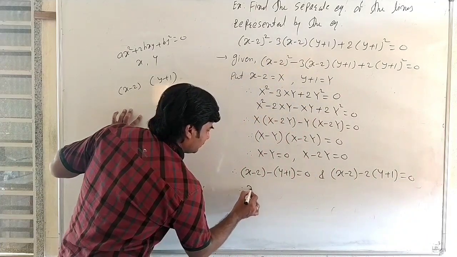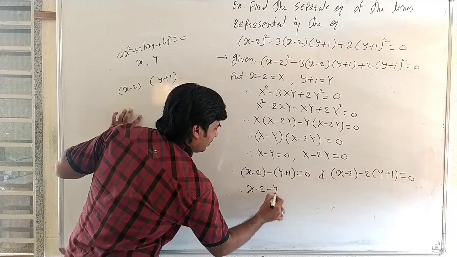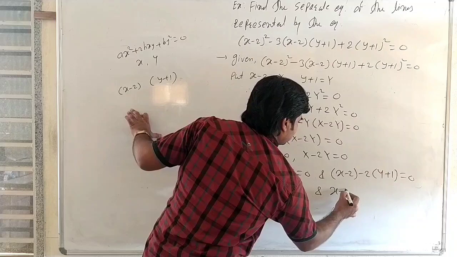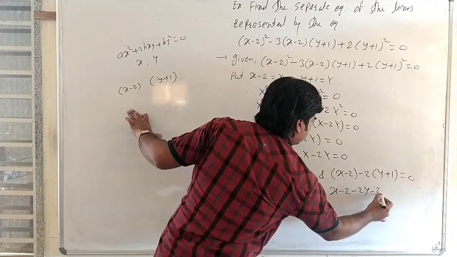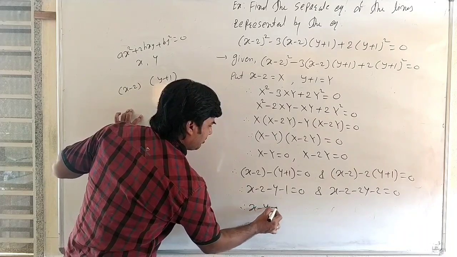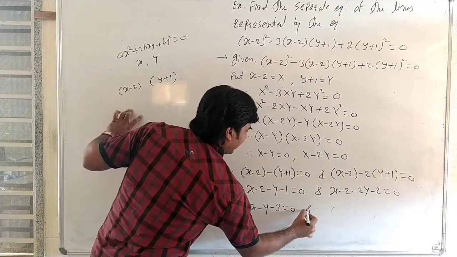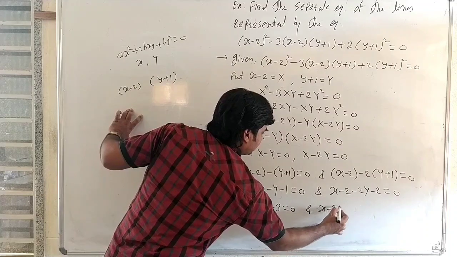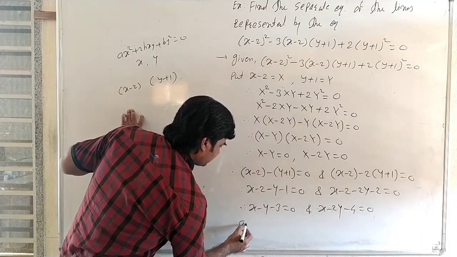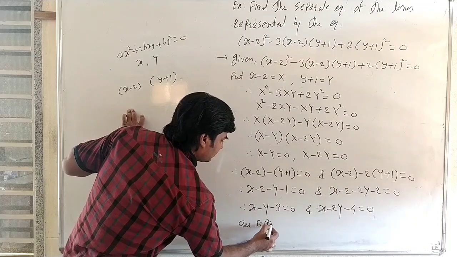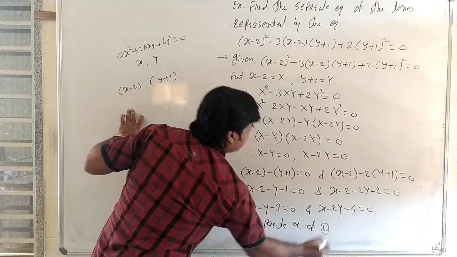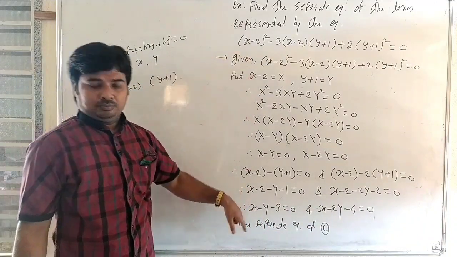Then x minus 2 minus y minus 1 is equal to 0 and x minus 2 minus 2y minus 2 equal to 0. Therefore, x minus y minus 3 equal to 0 and x minus 2y minus 4 equal to 0 are the separate equations of the lines.